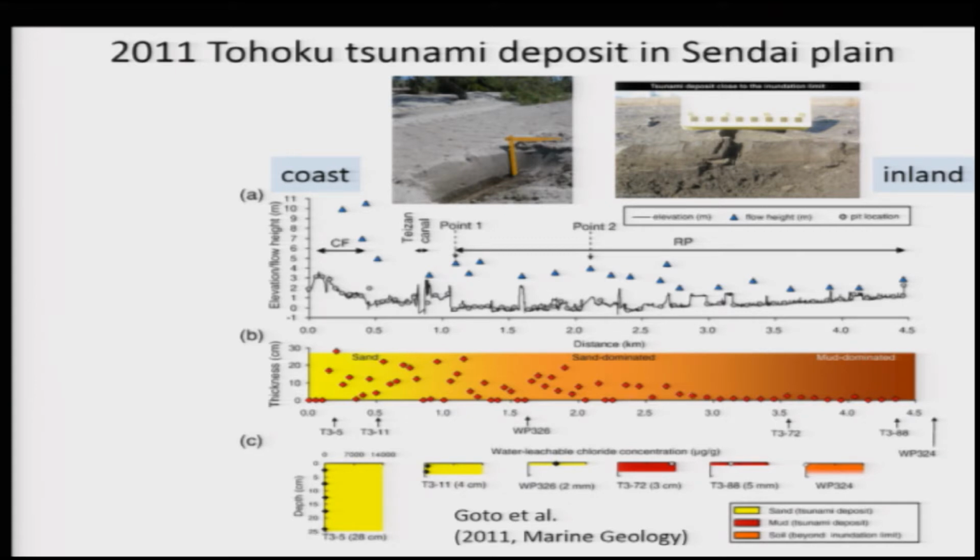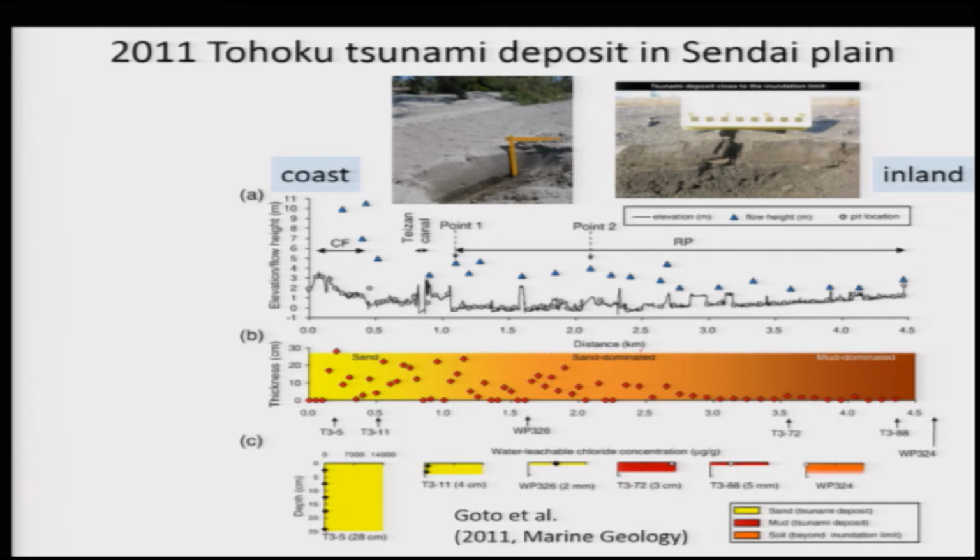But in 2011, because it was a live case, the scientists were able to look at the deposits and the inundation limits. What they found was that even the mud dominated portion also indicated that the tsunami did not just stop here, but the tsunami waters went further inland.